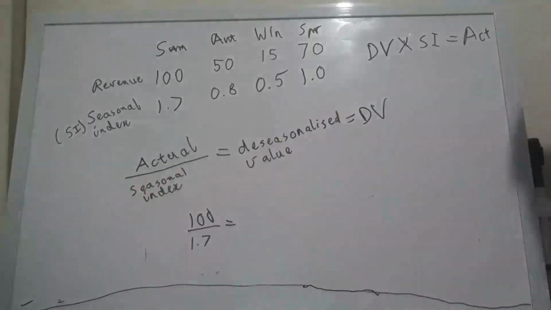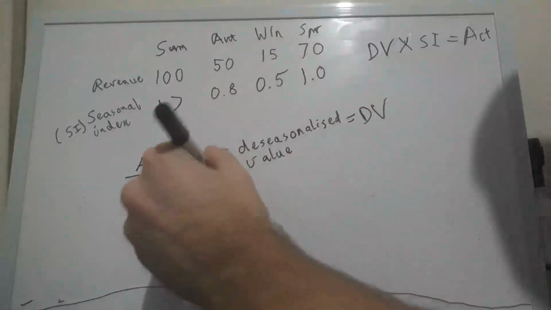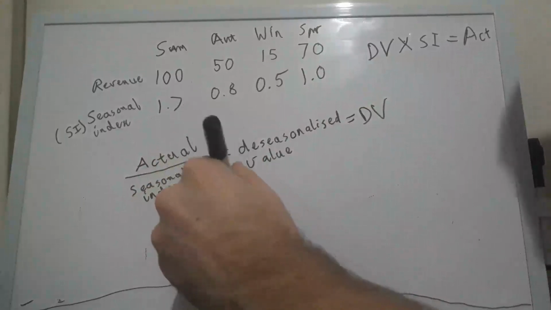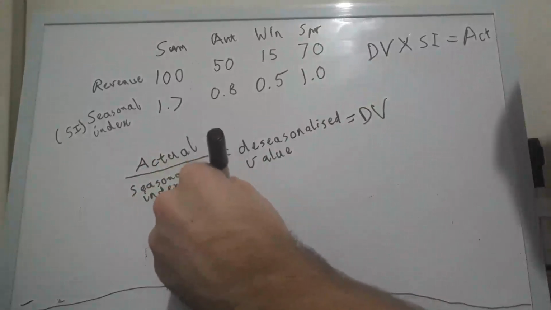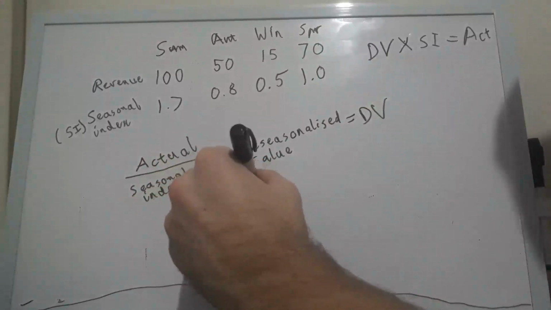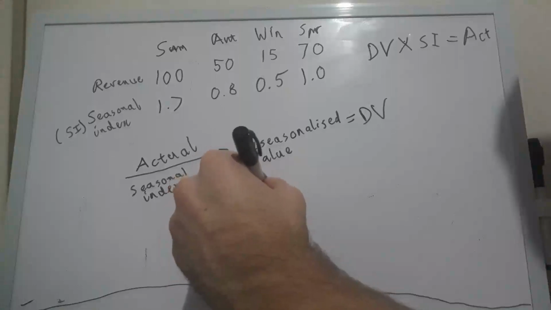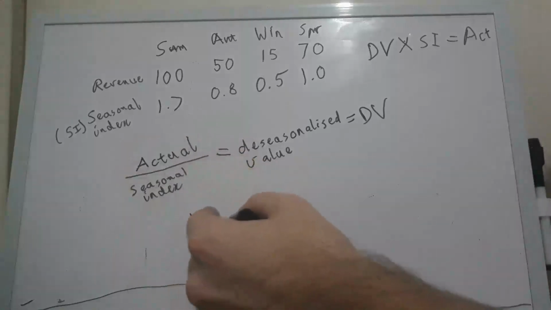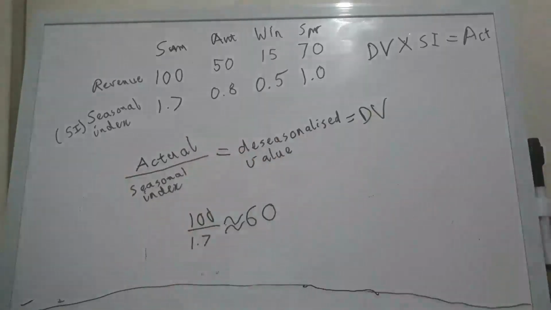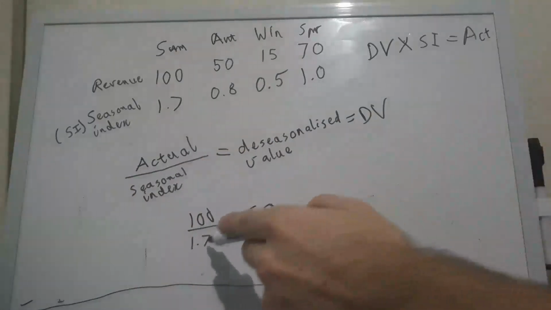I really wish I had a calculator, but very roughly, it should be around 60. If that was 1.5, then that would be 66, and if that were 2, that would be 50.